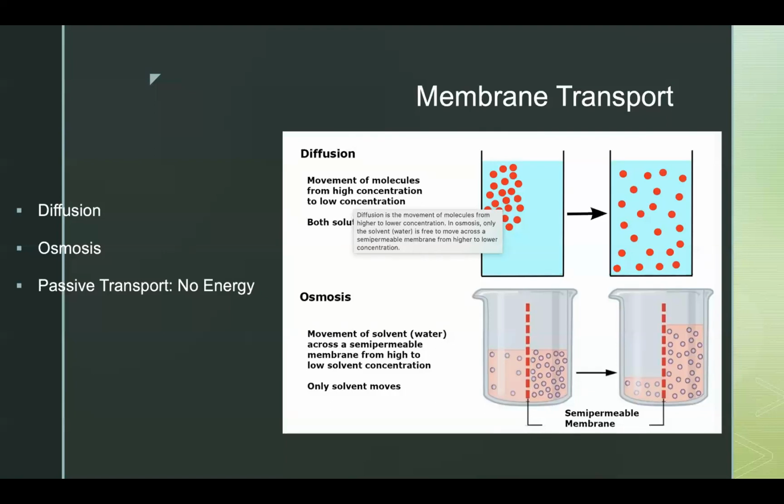Diffusion is a passive process that does not require an input of energy. It is the random movement of molecules, based on random motion. As this image illustrates, it's going to move from an area of high concentration to lower concentration.